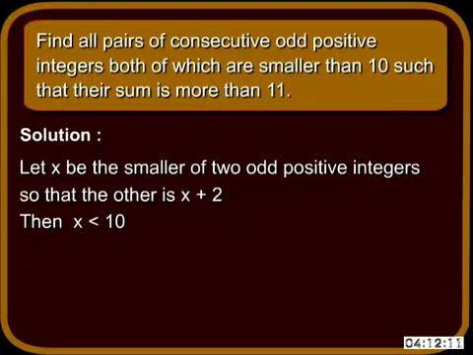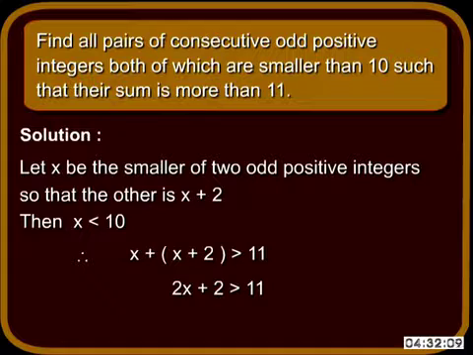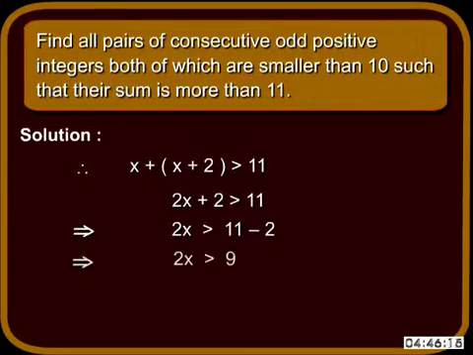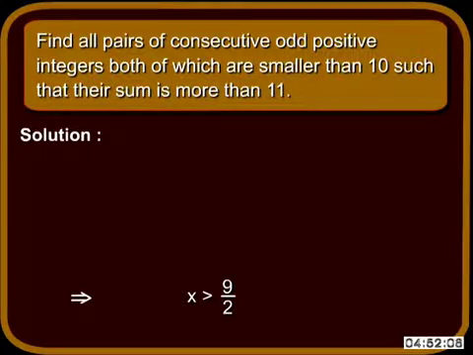Let x be the smaller of 2 odd positive integers so that the other is x + 2. Then we should have x < 10. Therefore, x + x + 2 > 11. This implies 2x + 2 > 11, which implies 2x > 11 − 2, which implies 2x > 9, which further implies x > 9/2.